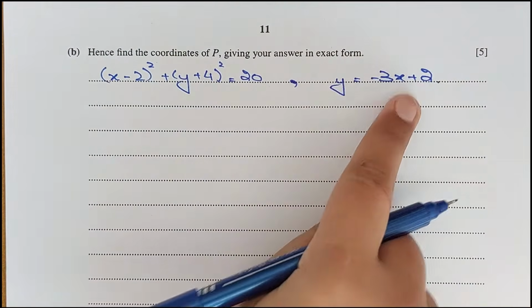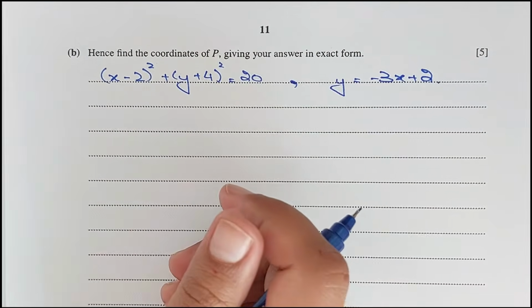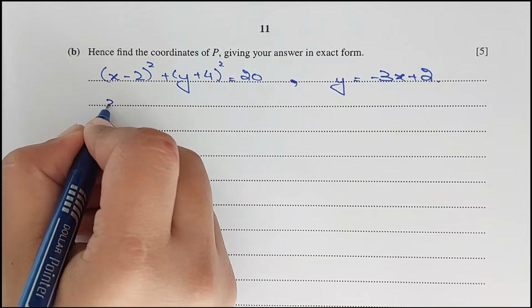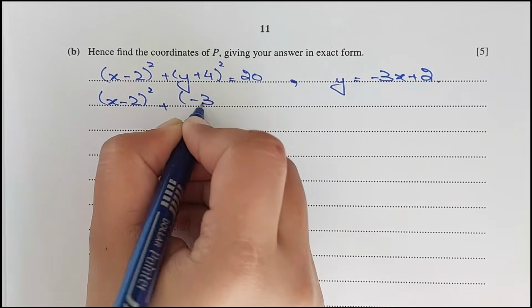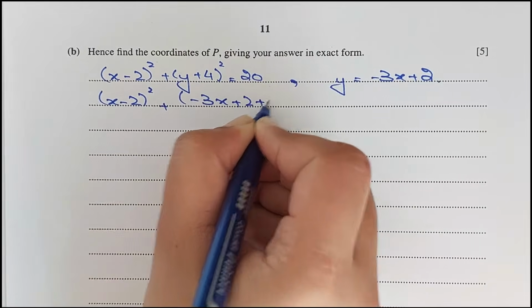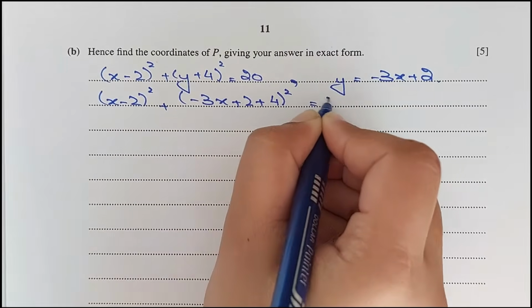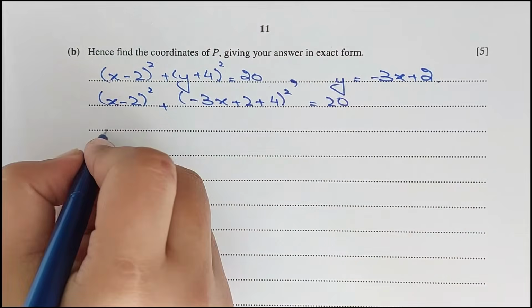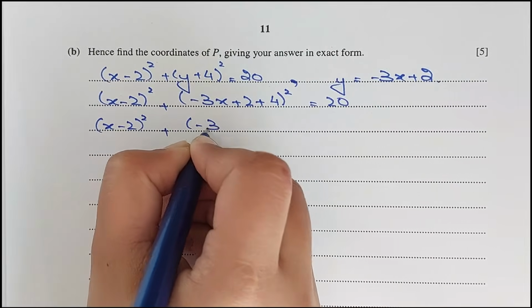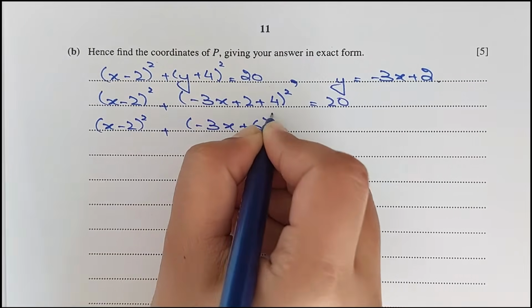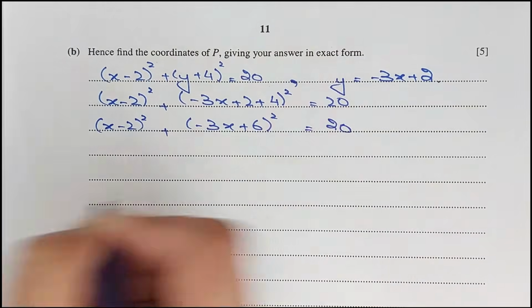So let me substitute this y value over here and solve for x first. So we have (x minus 2) whole squared plus (minus 3x plus 2 plus 4) whole squared equals 20. So (x minus 2) whole squared plus (minus 3x plus 6) whole squared equals 20.